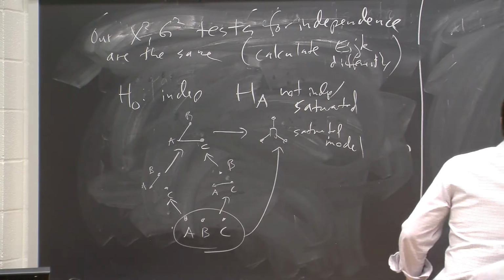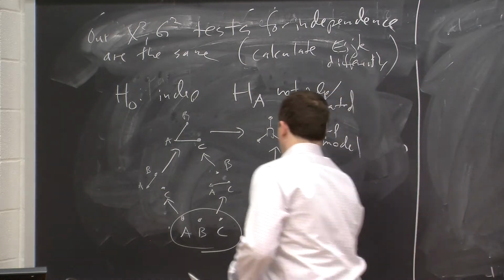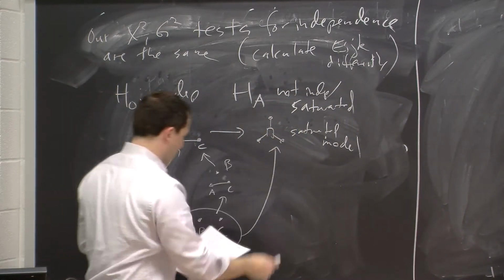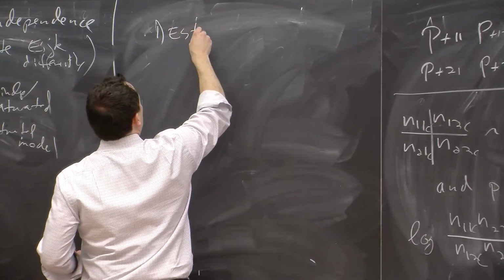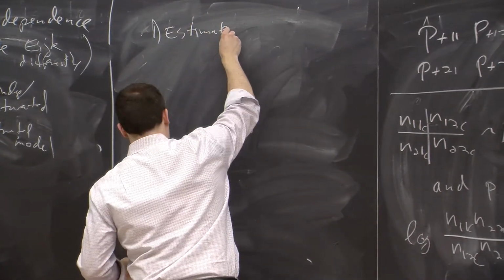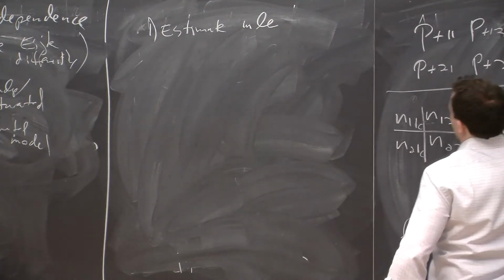But for this one layer test, where we're just comparing independence with saturated, all we need to do is estimate the MLE in this way by taking the outer product of the marginals.